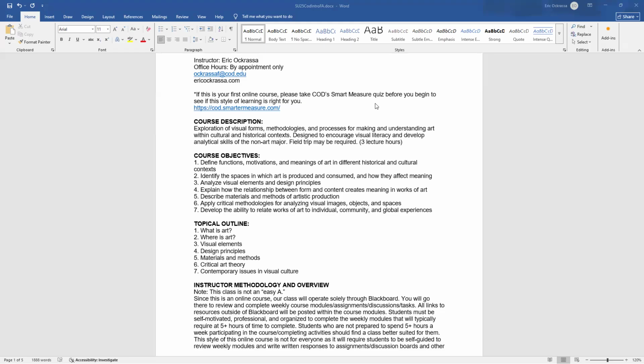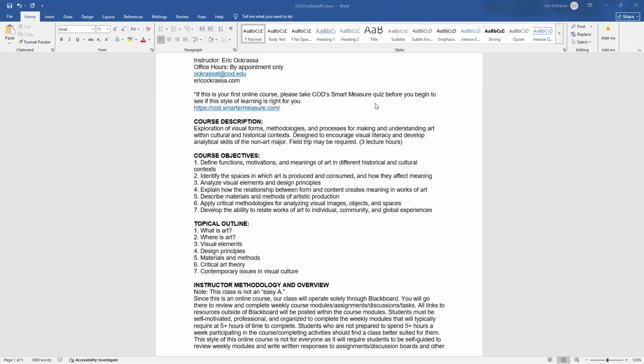Quick description here: exploration of visual forms, methodologies, and processes for making and understanding art within cultural and historical contexts. So we're going to be looking at art through an art historical lens, contemporary art, and just talking about it. Trying to get better at articulating our thoughts, talking about art in a more intellectual way, and increasing our visual spatial skills.